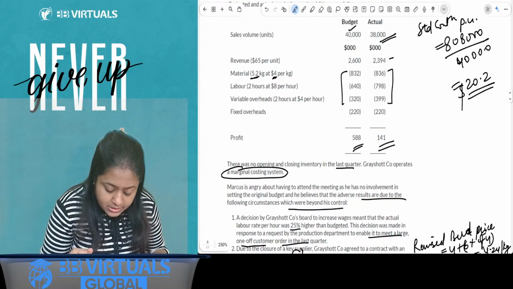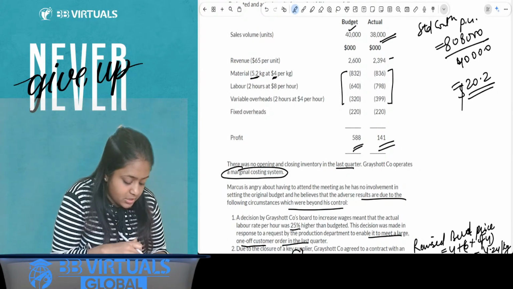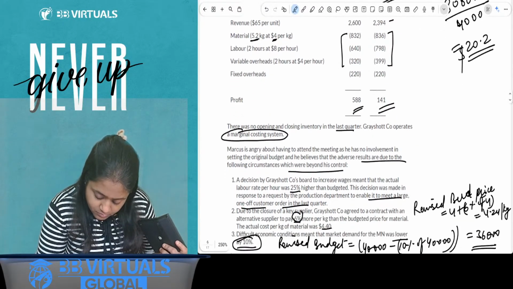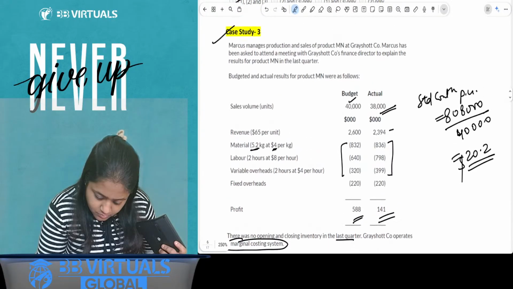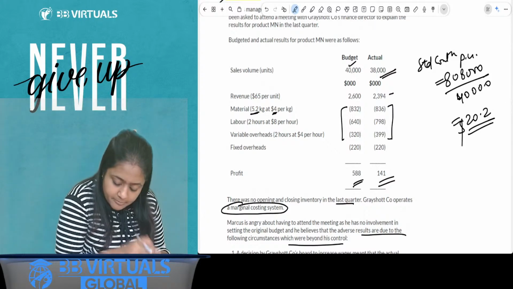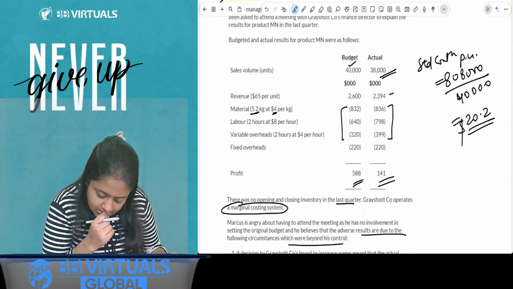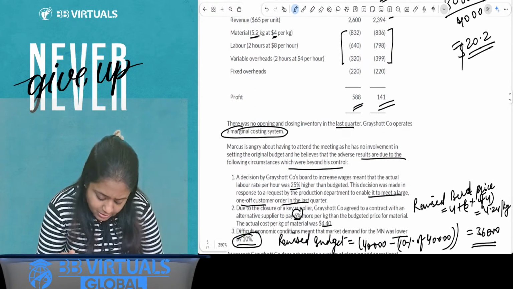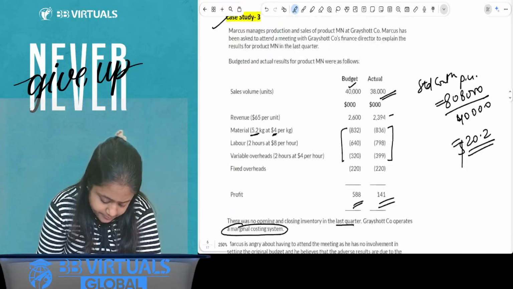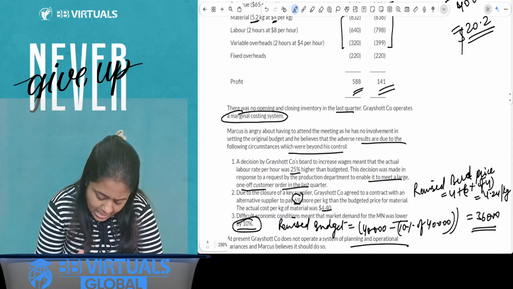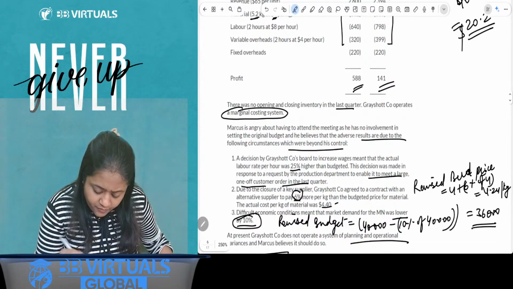So how many kilograms will be needed? Actual kilograms are given to you. Do we have actual kgs given? Just one minute, I'll cross check. Actual cost of material is 4.4.